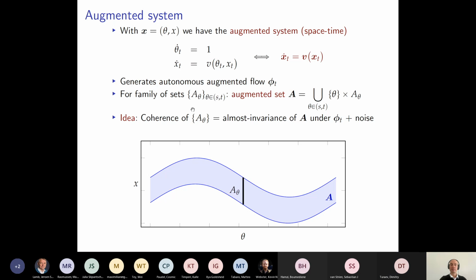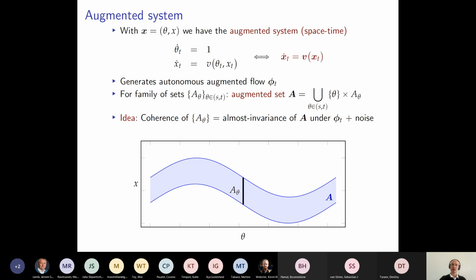I can play the same game with a whole family of sets. So I have a time parameterized family of sets in state space, A theta. Theta stands for time. Then I can build a so-called augmented set, the boldface A, which just concatenates the family slice-wise into a space-time sausage, as shown here in this picture, where the time slices are now the state space subsets A theta.